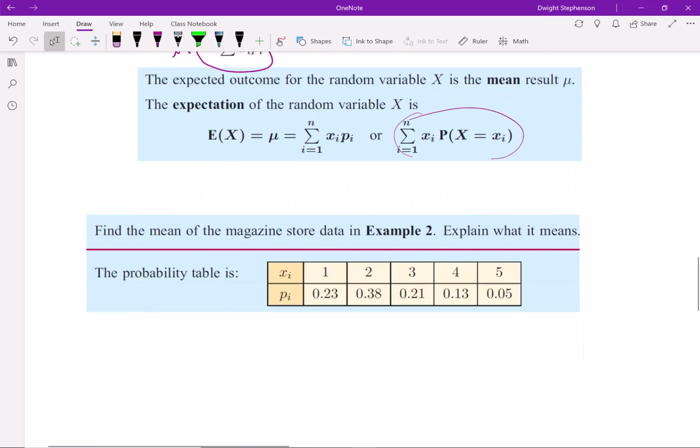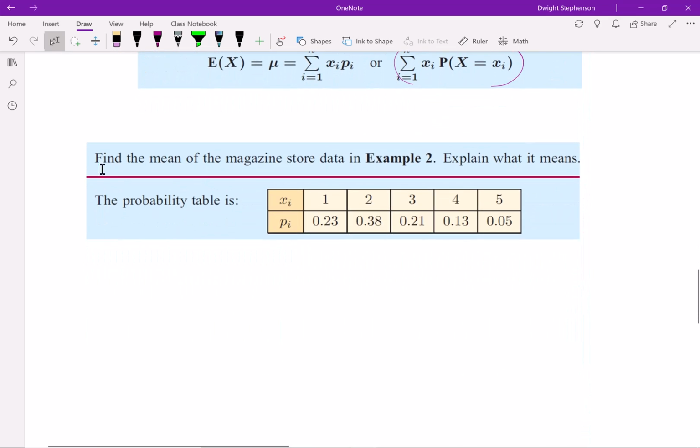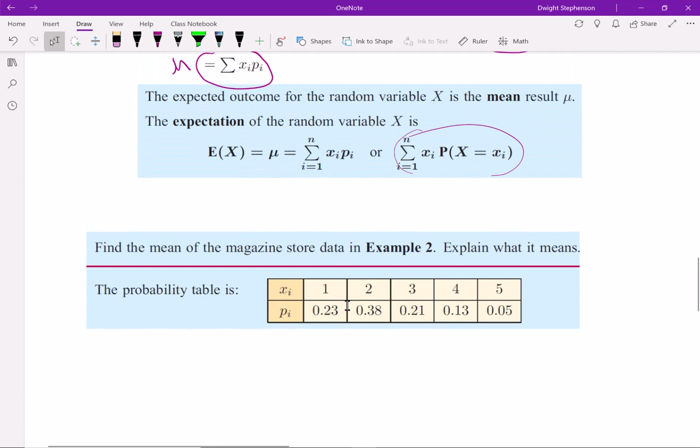So this is best done with an example. Find the mean of the magazine store data in example 2. Explain what it means. So the mean, again, is going to be the same as the expected value, and it's given by the sum from i equals 1 to, in this case, 5 of our xi times our pi. So we could actually start writing this out.